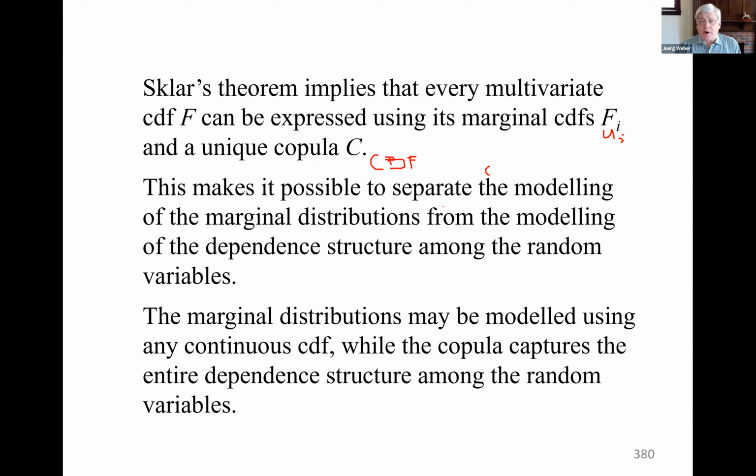Now, this makes it possible to separate the modeling of the marginal distributions from the modeling of the dependence structure among the random variables. You can model the marginal distributions using any continuous CDF, and then the copula will capture the entire dependence structure among the random variables.